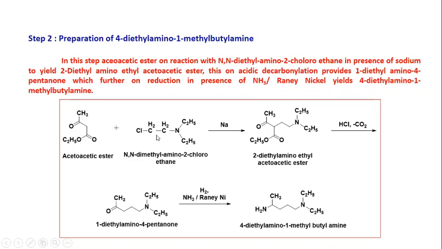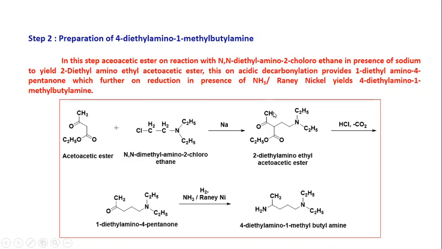In the presence of sodium, the chlorine gets removed and the hydrogen from this carbon gets removed in the form of HCl, and a bond forms between this carbon and this carbon, giving 2-diethylaminoethyl acetoacetic ester.